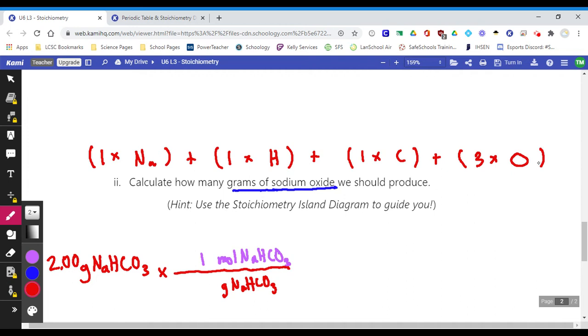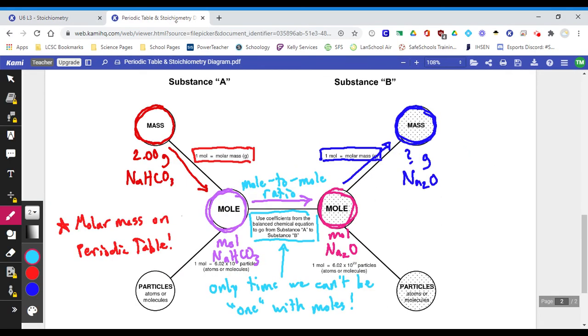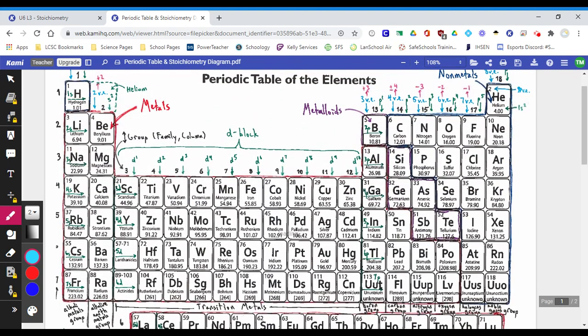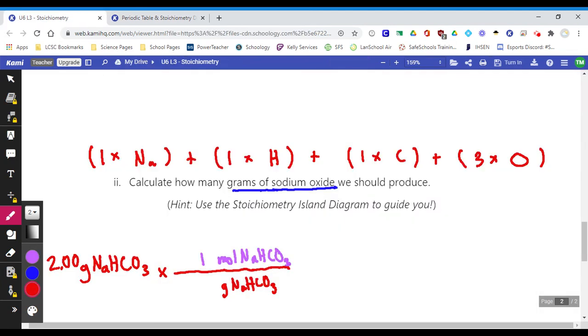It's not a 0, that's an O. Okay, so if I go check the periodic table and get these molar masses, scrolling up here. Sodium is 22.99. Hydrogen is 1.01. Carbon is 12.01. And oxygen is 16.00.